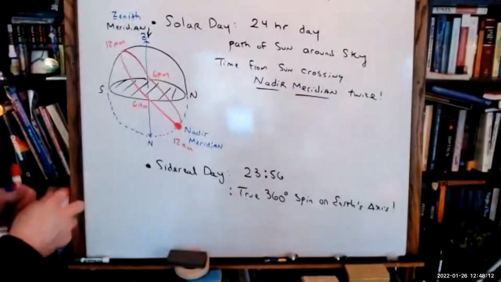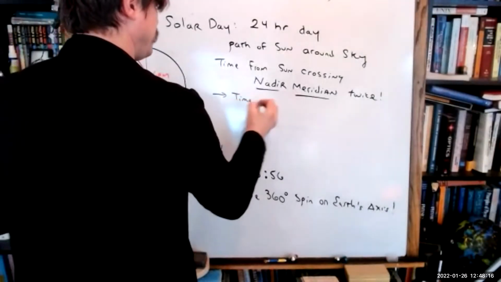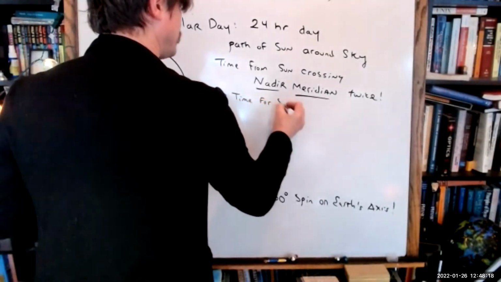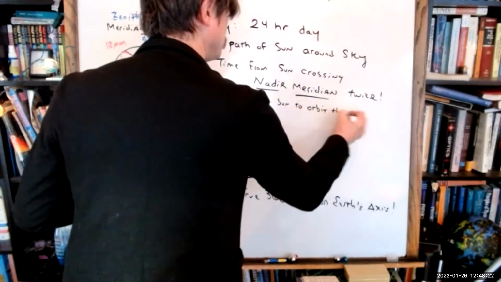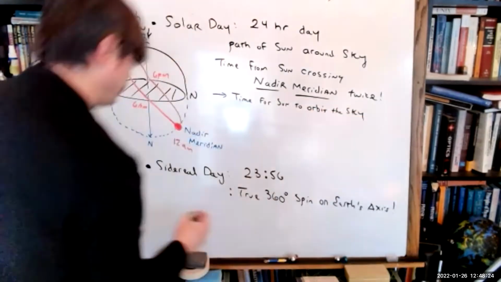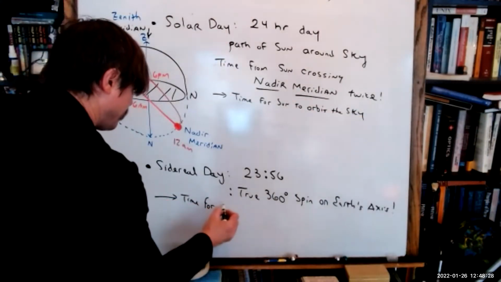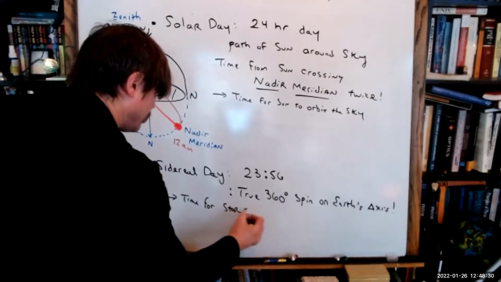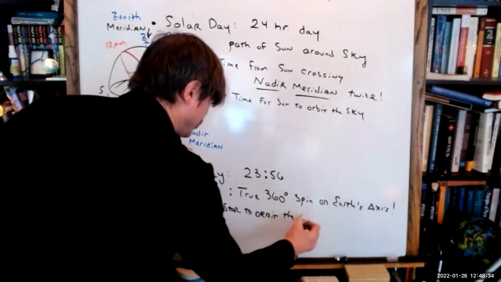Okay, so the solar day is, simply put, the time for the sun to orbit the sky. The sidereal day is the time for a star to orbit the sky.